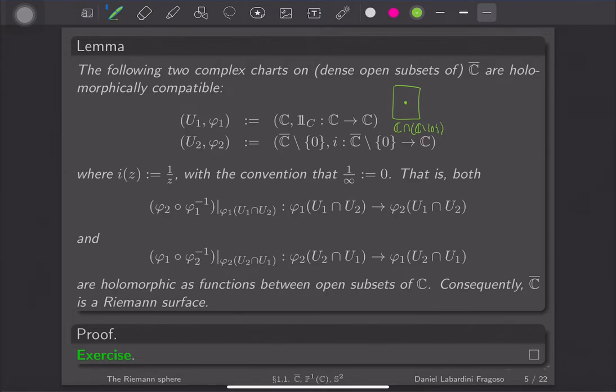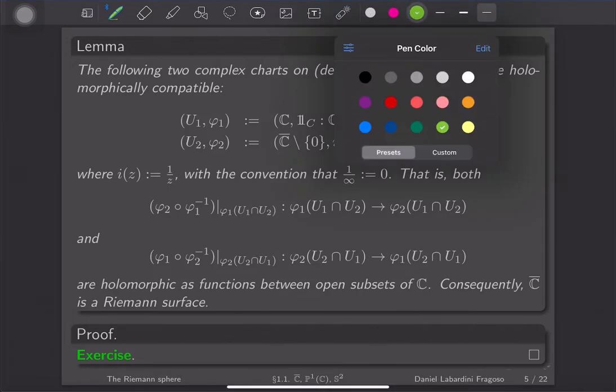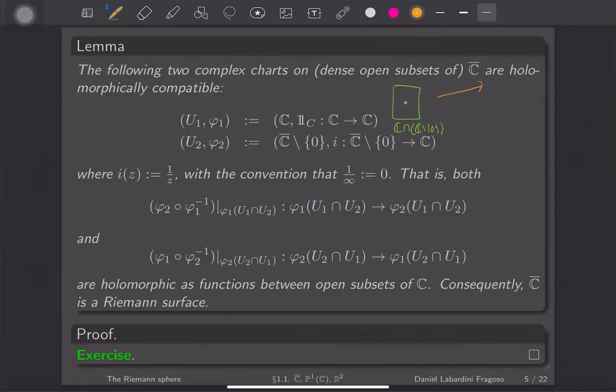From that intersection, one has this function. The first function goes to C, and its image is again C minus 0, right? Because I'm taking this point off, and from here we also have C minus 0, which is the restriction of I to this intersection, and this is C bar minus 0.